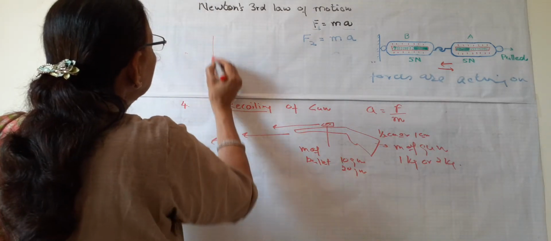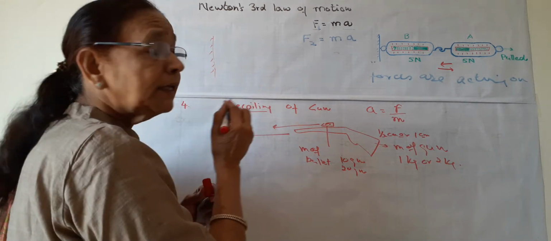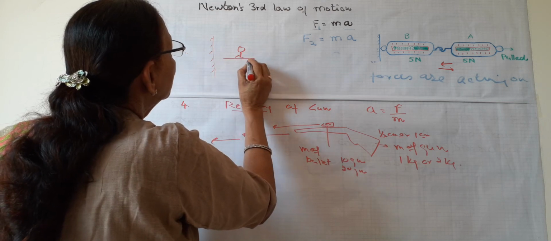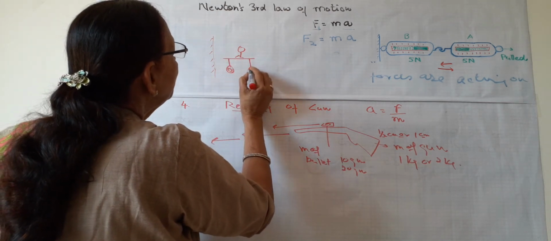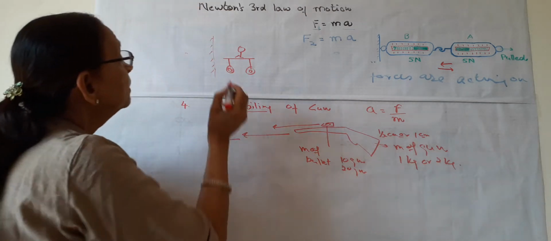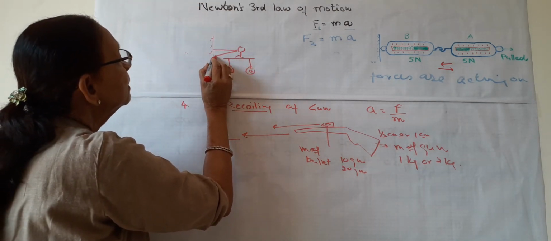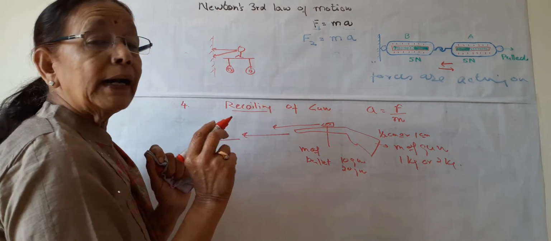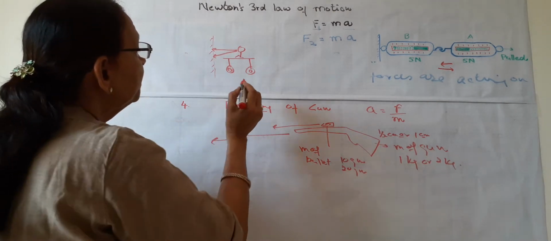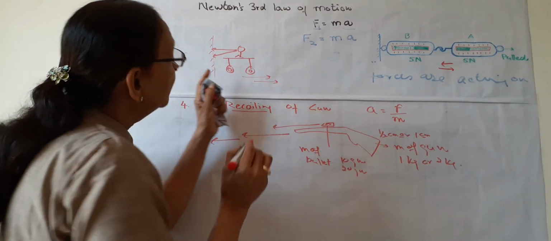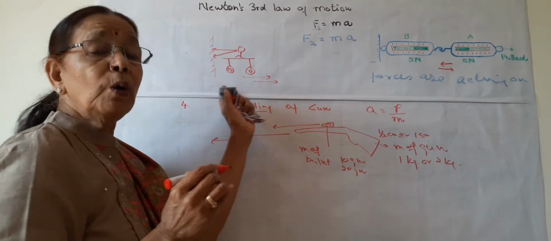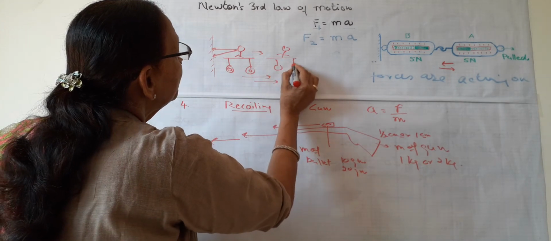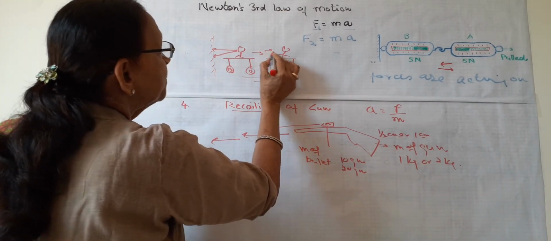Suppose this is a wall, a thick wall. A boy is sitting on a chair and this chair has wheels. The boy pushes this wall hard and leaves it. What happens? He will go in this direction, the wheels will go in this direction, and now the boy is at this place as he comes back.